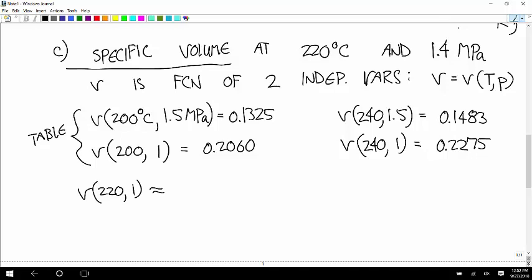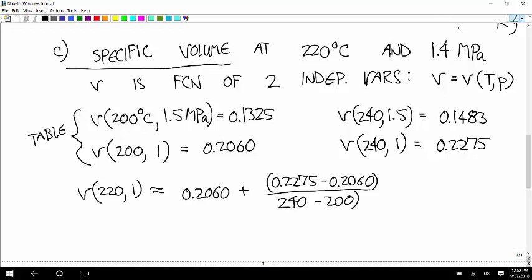So to do that, it's going to be 0.2060 plus 0.2275 minus 0.2060 divided by 240 minus 200 times delta temperature, which is 20.